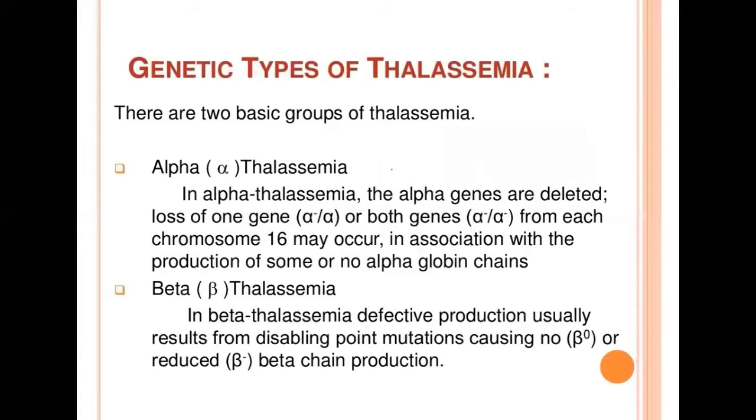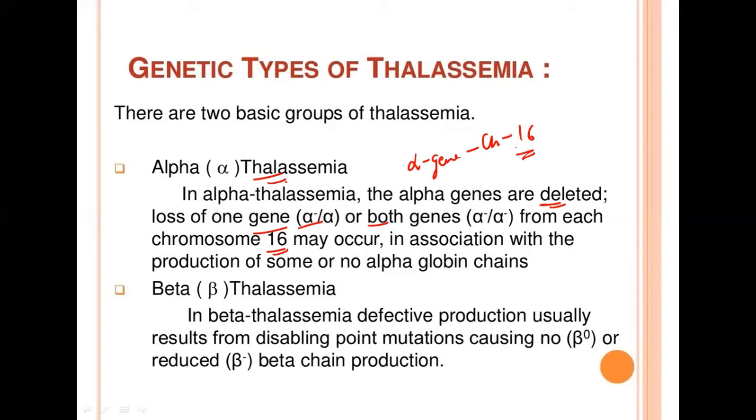First of all, we will discuss alpha thalassemia. So what is alpha thalassemia? In alpha thalassemia, alpha genes are deleted. There is a loss of one gene or both the genes from each chromosome 16. Just remember this. There is a mutation in alpha gene, chromosome 16, right?